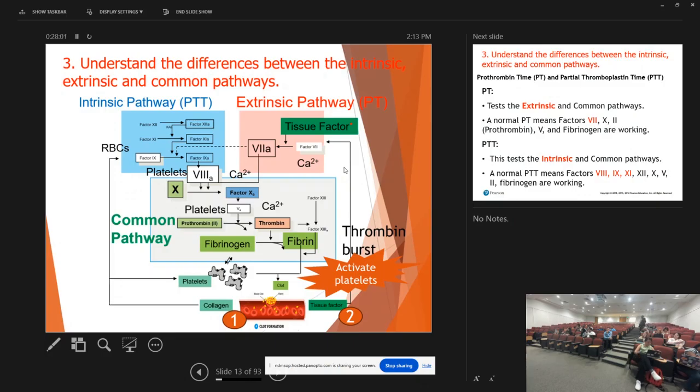Okay, so there's amplification, and that's why there's a feedback here. The thrombin burst helps in the formation of fibrin, because you don't want to make a little bit of fibrin. You need to make a ton of fibrin, right? Based on how big the injury is. Still, you need to amplify this pathway.